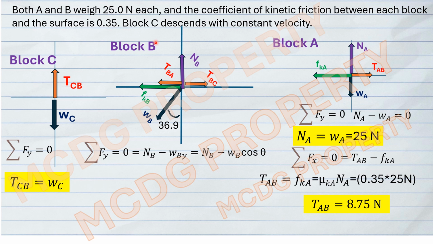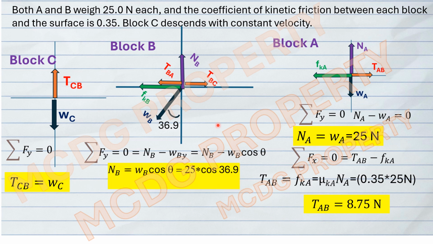So again, we start with the summation of forces along the y is 0, and that is equal to the normal force NB minus the y component of the weight of block B. And the y component of the weight of block B is WB cosine theta.